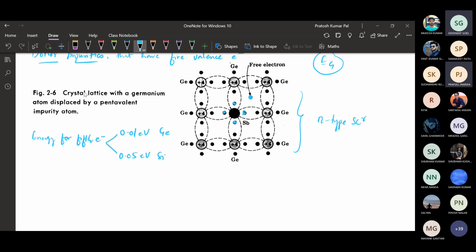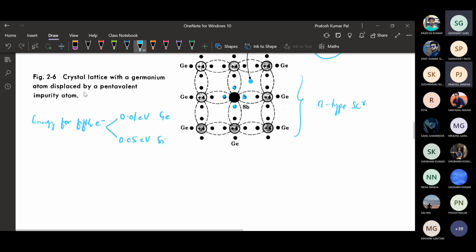Because it will be having an extra electron to participate in the conduction. In an n-type semiconductor, we will be having a large number of electrons, as a large number of dopants will be added, so a large number of electrons will be generated. These are called majority carriers.